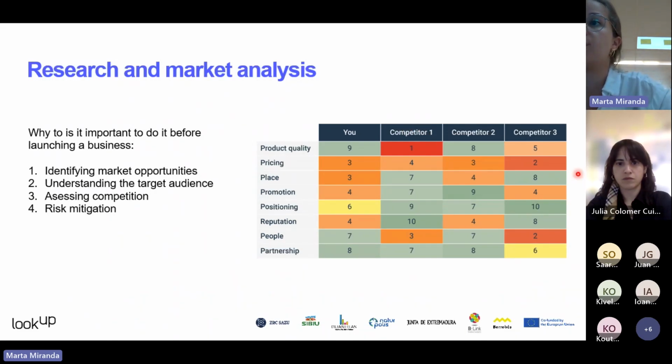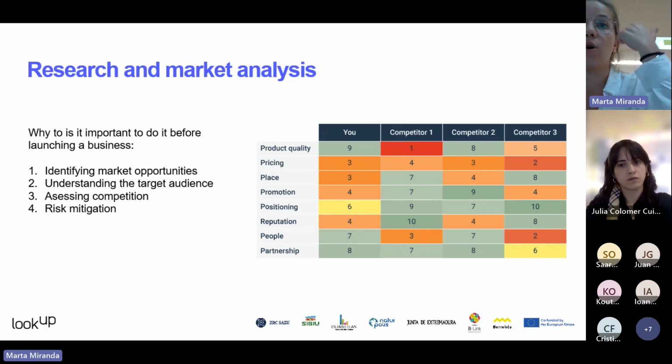So this research and market analysis is a crucial step in the process of launching a business because it provides valuable insight into the market, the target audience, and the competitors also. Here you can see four important reasons to analyze the market before launching a business.